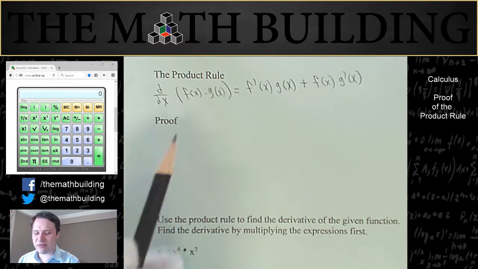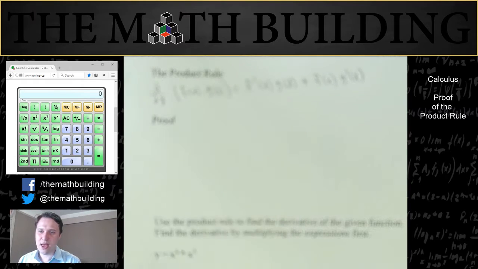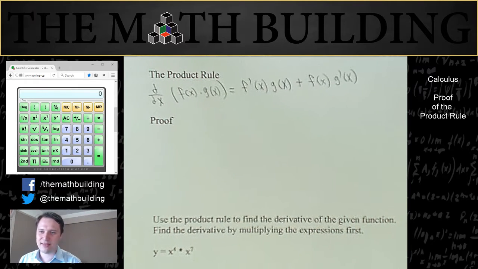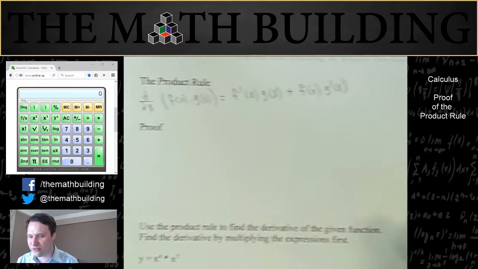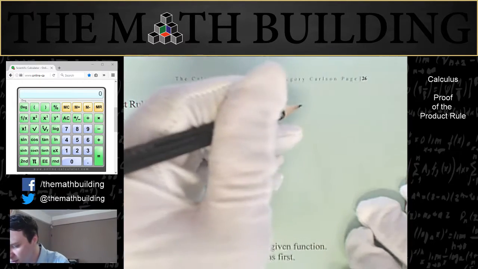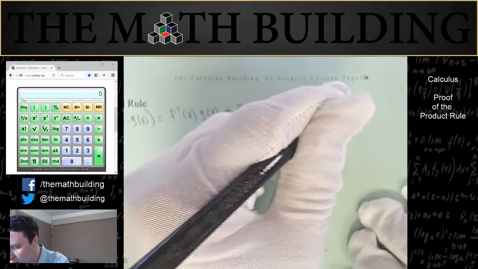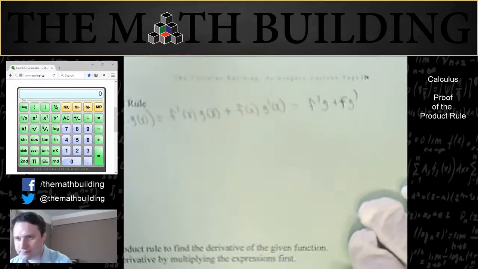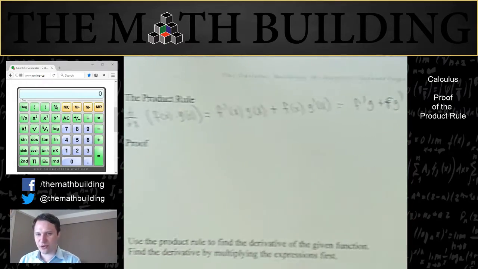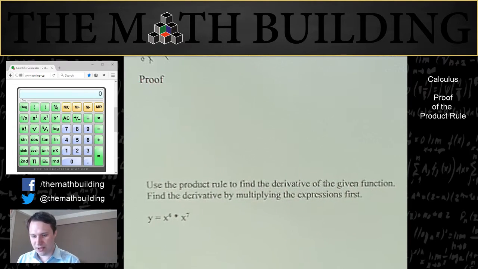You take the derivative of the first one, multiply it by the second, then take the derivative of the second and multiply it by the first, and then just add them together. If it helps, you can think of it as the derivative is equal to f prime g plus f g prime. Just like that. So let's prove this. The proof is a little tricky, and then in the next section we'll do some examples.